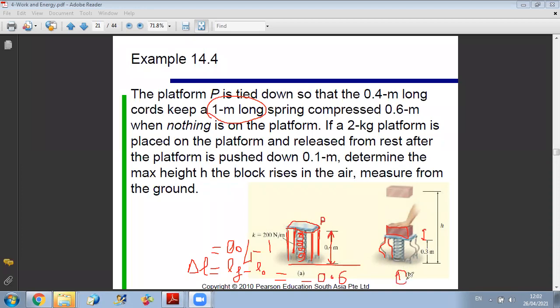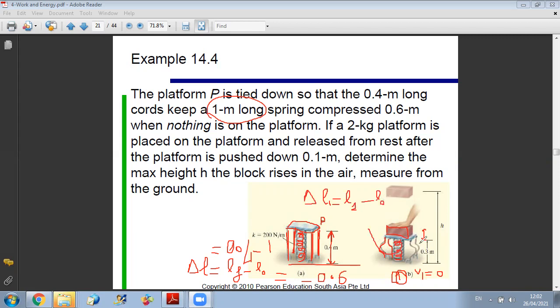At state 1, what do I know? At state 1, my block is at rest. V1 is equal to 0. And what is the compression of my spring at this state? What is delta L at state 1 here? Delta L1 is equal to L final, L spring at state 1 if you want, minus L0.